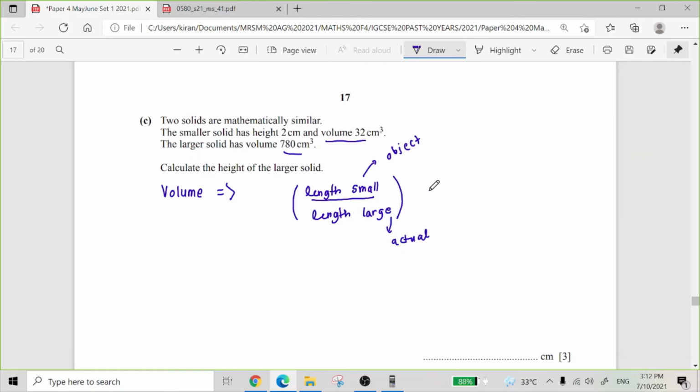Okay, and then we equate with the volume. This one must be cubed because we relate it to volume. Volume object divided by volume actual.